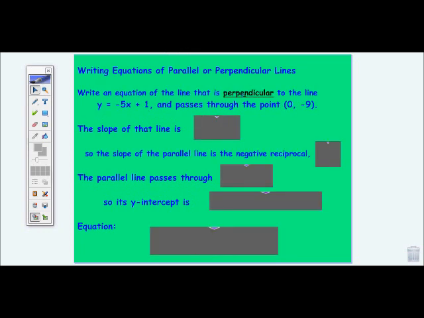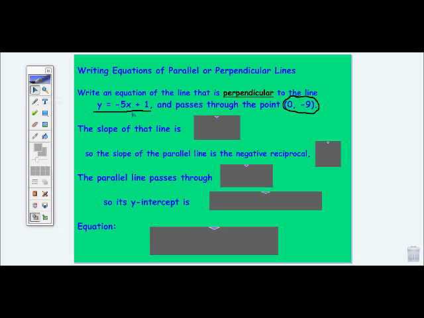Using those same rules, but this time we're going to talk about the perpendicular line. The line that we are given is y equals negative 5x plus 1. We're given a new point, 0, negative 9. Now we have to remember what we know about perpendicular lines.